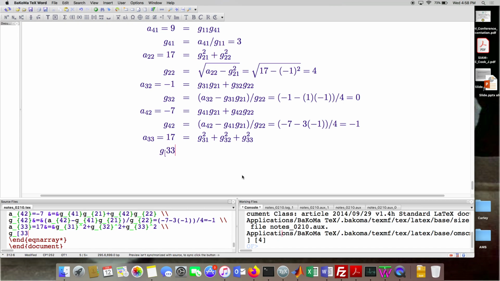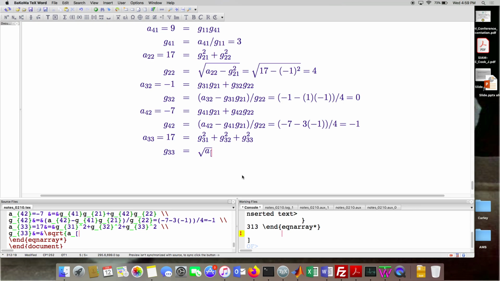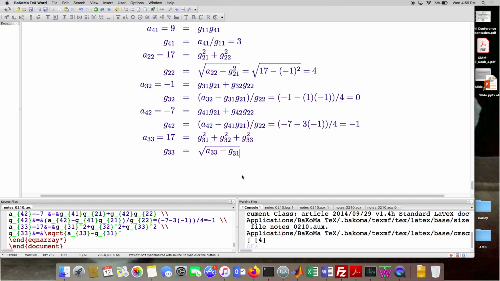So therefore G33, we're going to take the square root of A33 and then subtract off these other squares from preceding columns, but in the third row.